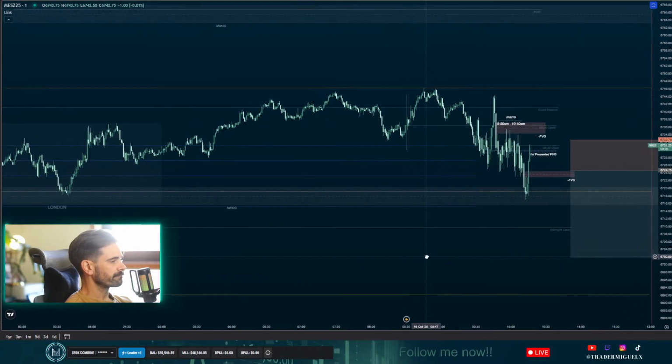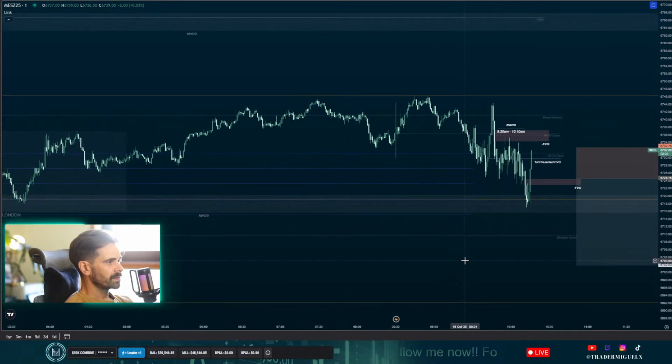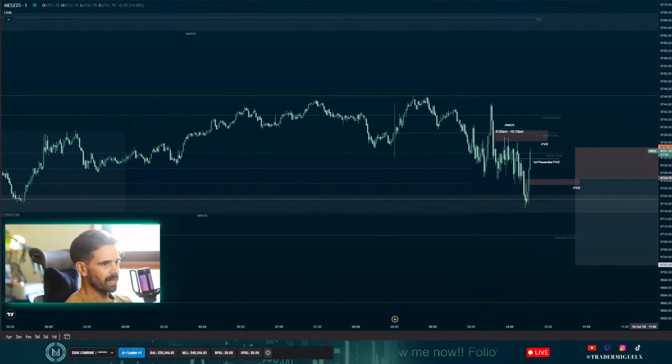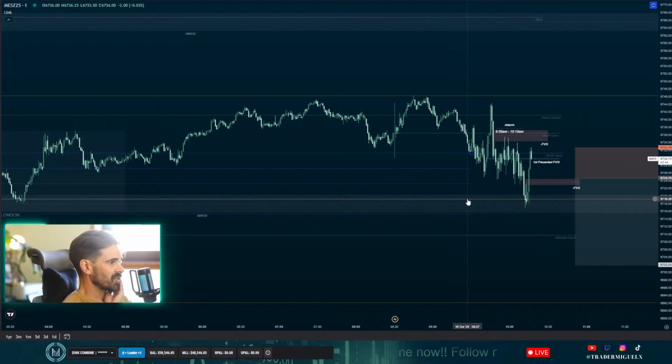So yeah, this might be a drive up right now, honestly, because we have price reacting to 50% of the 4-hour bearish fair value gap, midpoint of the NWOG, 75% of the opening range gap.